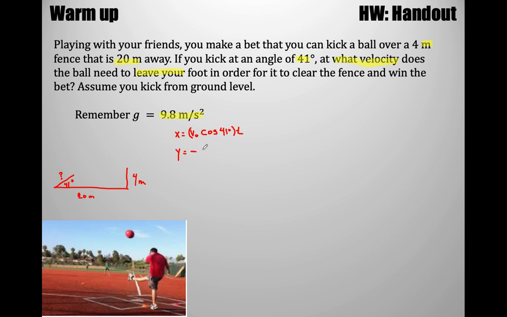And remember, it's 1/2 of this g, so that's 4.9 t squared, and then plus the coefficient of the linear term, which is the initial velocity times the sine of the angle, which again is a number, plus my initial height. Oh wait, I'm kicking from the ground, so what's my initial height? Right? So the problem is, oops, I forgot my t.